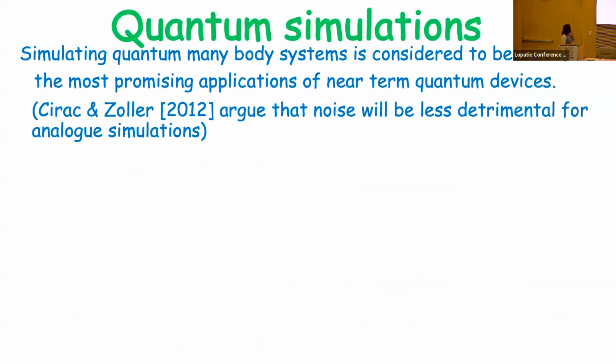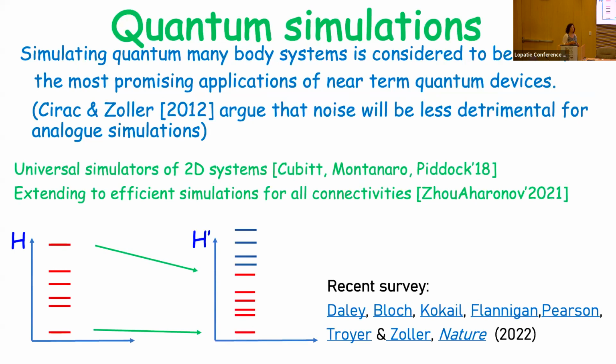And I should say that quantum simulation is a very important field and a very promising direction in which people attempt to provide quantum advantage. We know that there are universal Hamiltonians for simulating general quantum Hamiltonians.